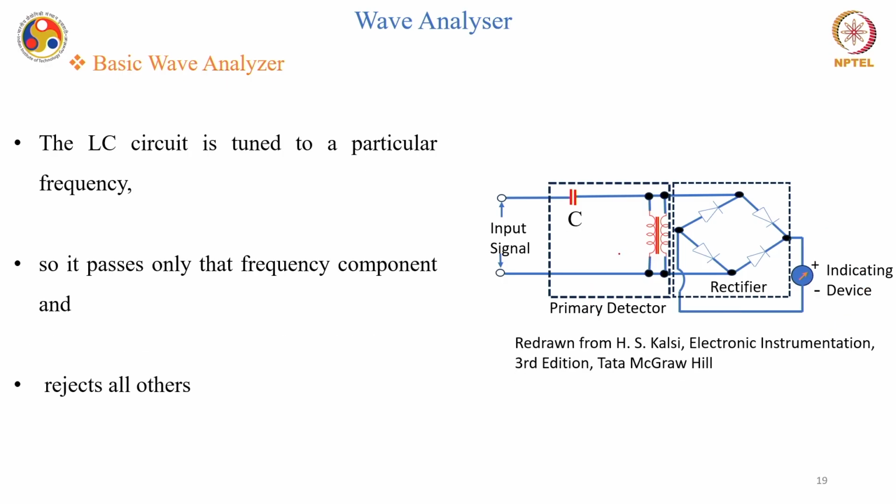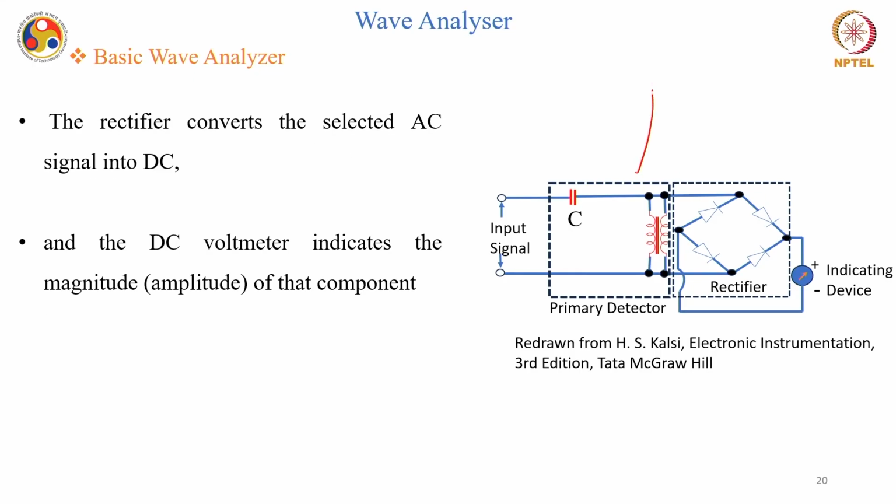The LC circuit is tuned to a particular frequency, so it passes only that frequency component and rejects all other frequency components. Now, this rectifier sees this signal, which is a concentrated, very narrow band signal, as its input.